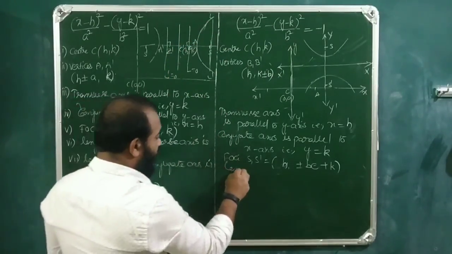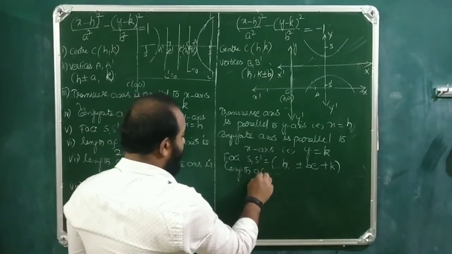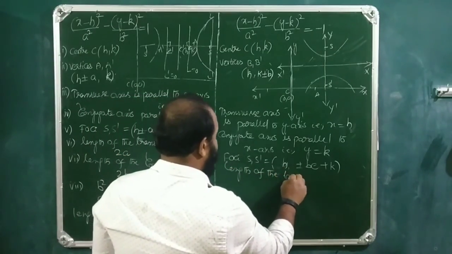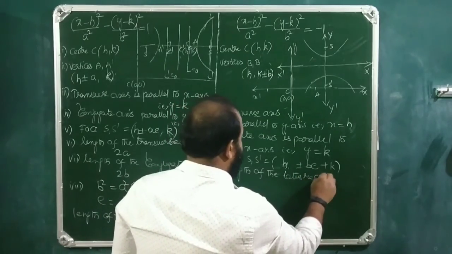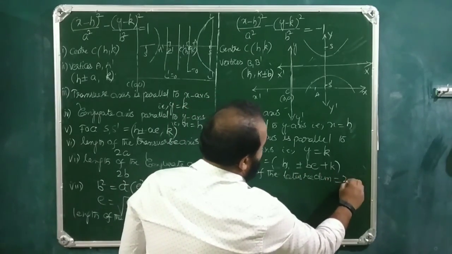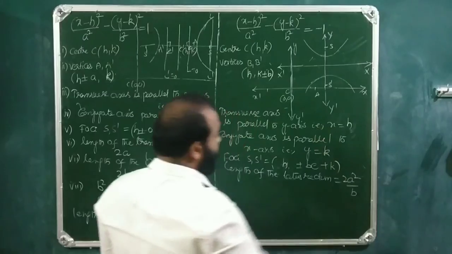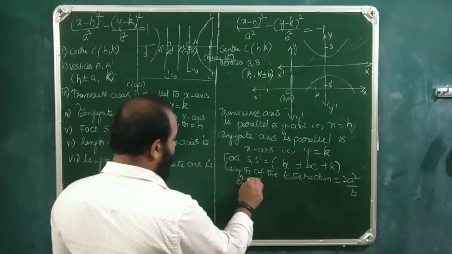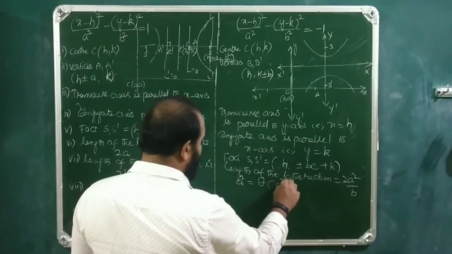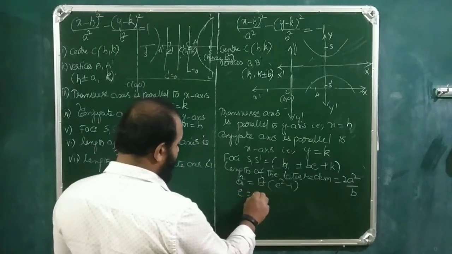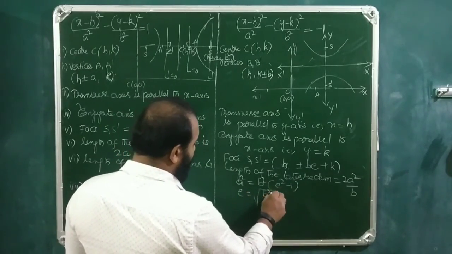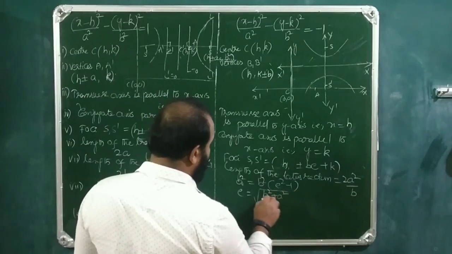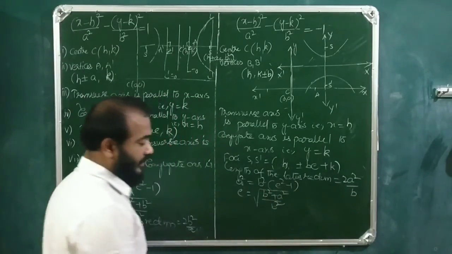Here the length of the latus rectum is 2a square by b. Here a square is equal to b square into e square minus 1. So e is equal to square root of b square plus a square by b square.